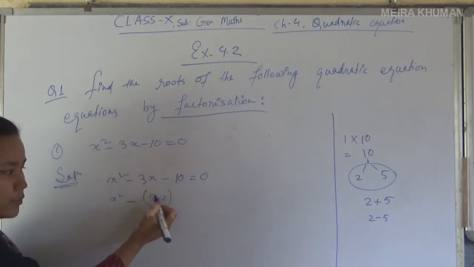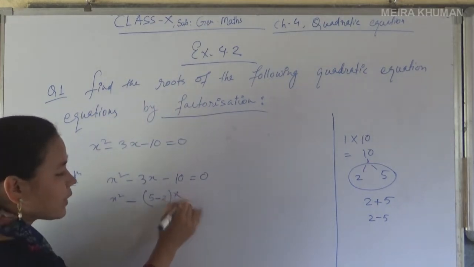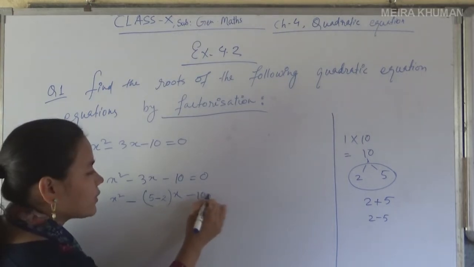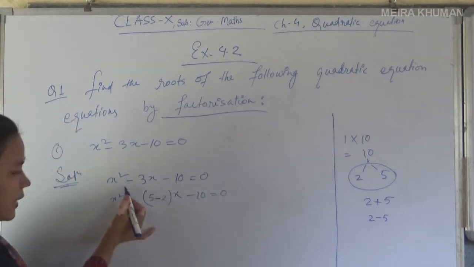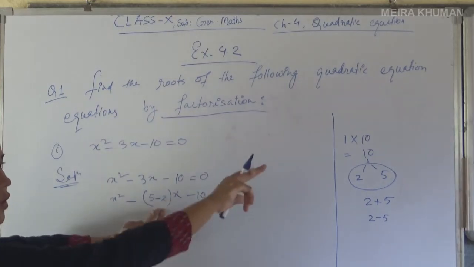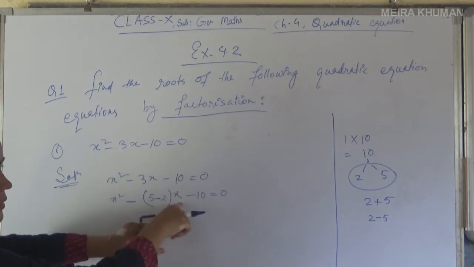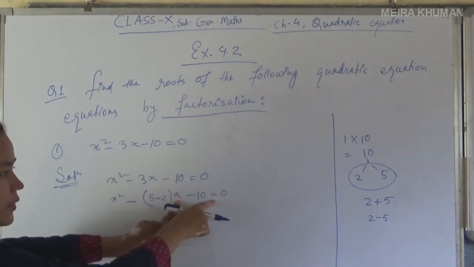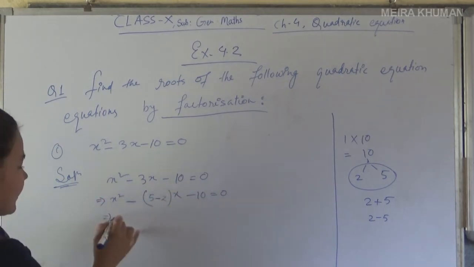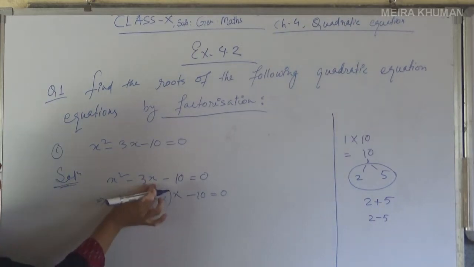If it is plus, you should put a plus sign. So x square minus, here I am writing the factors of 10, 5 minus 2, into x, minus 10 equal to 0. See, 5 minus 2 gives you the middle term.